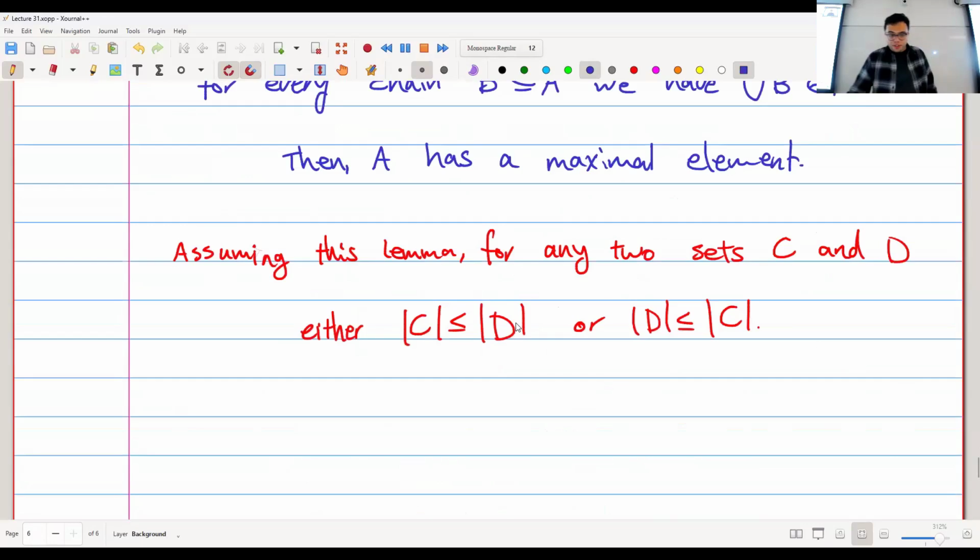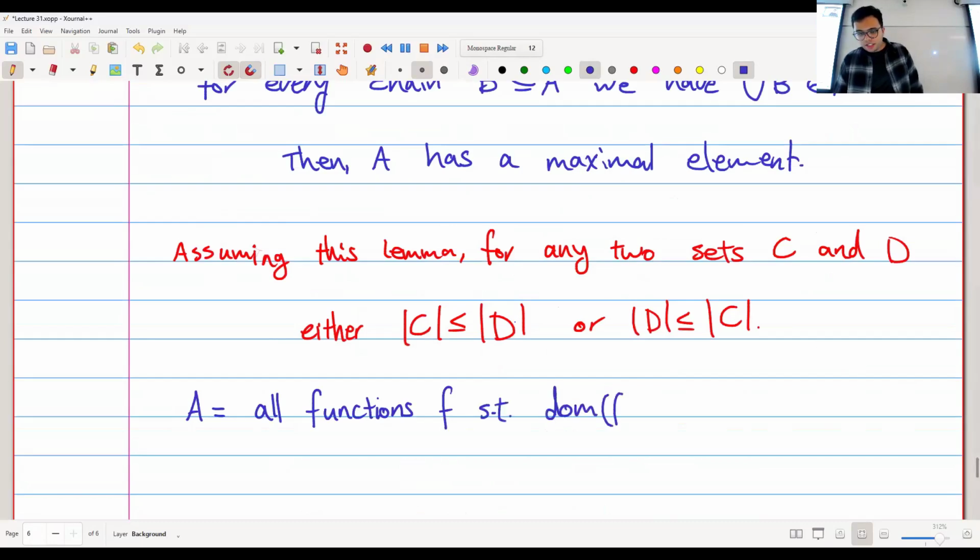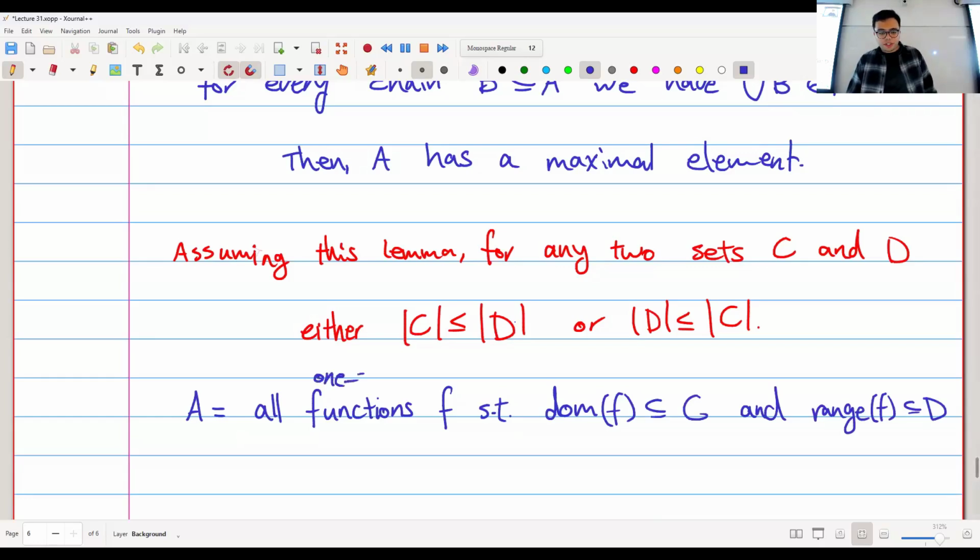Here's what I'm going to do. I'm going to say my set A is going to be the set of all functions f such that the domain of f is a subset of C and the range of f is a subset of D. Okay. And also, well, I don't want all functions. So let's say all one-to-one functions. Okay.